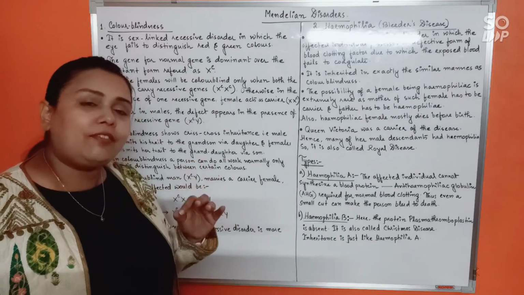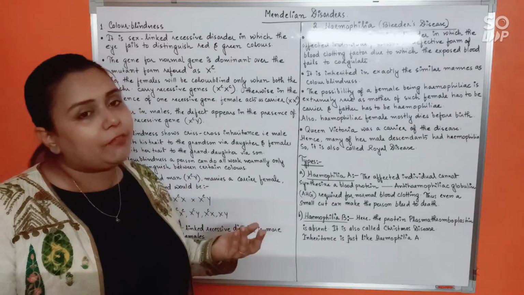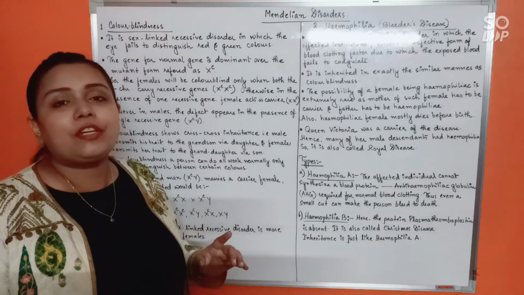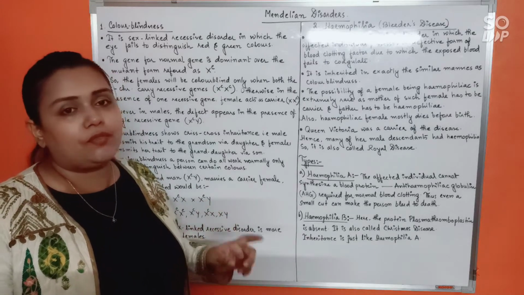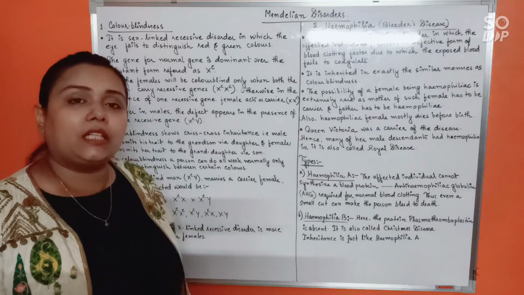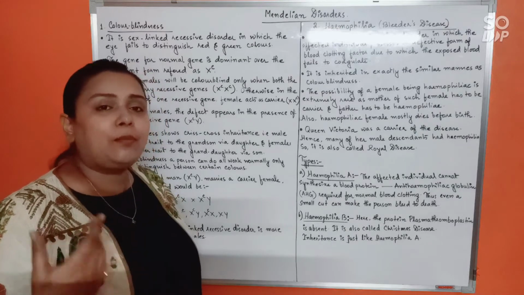And if that itself undergoes mutation, that means what? The male directly will become affected, the male directly will be colorblind, isn't it? And this is the reason why all X-linked recessive disorders in a population would be mostly found in males rather than females, alright? Another reason is also there why males are mostly affected.